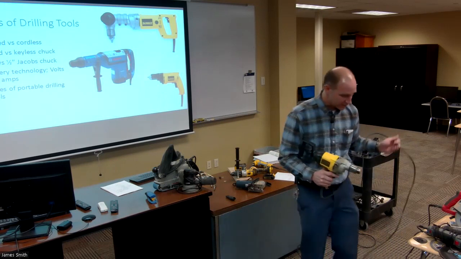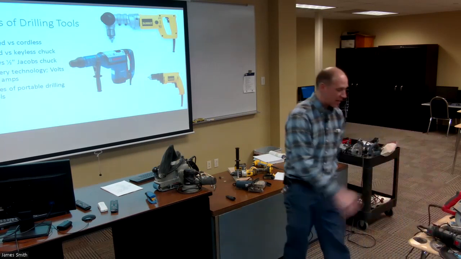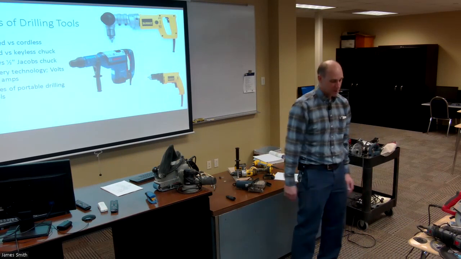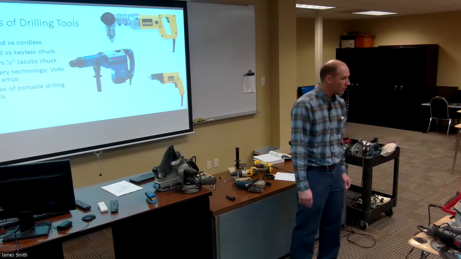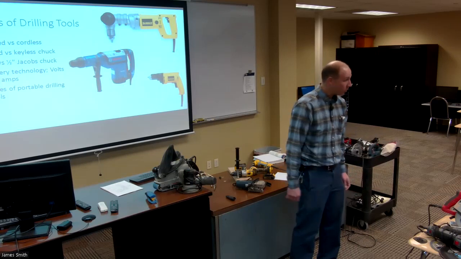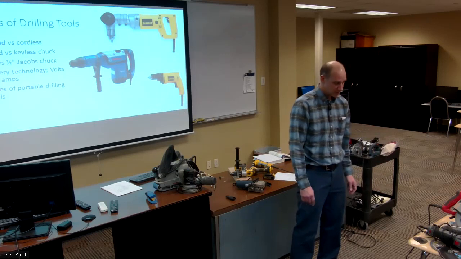This is nice because it goes slow, you get high torque, and then doing heavy duty applications like mixing mud, or, I'm trying to think, what are some other applications that you would need that kind of torque for? Mixing paint, maybe not so much. Anybody got any ideas? That's what I use it for. Mixing mud, mixing concrete. Yeah, you could use it for that too.